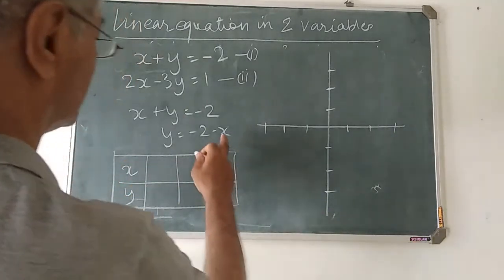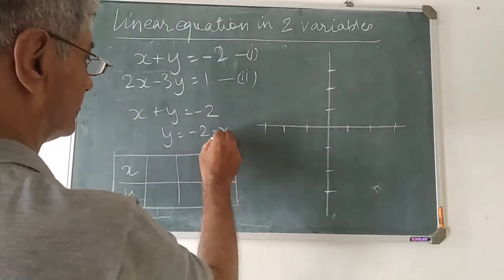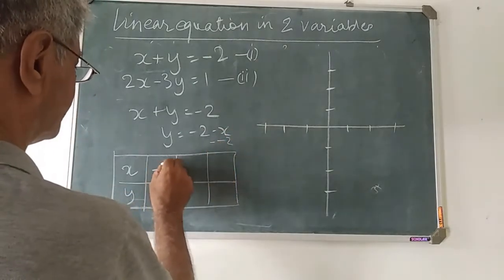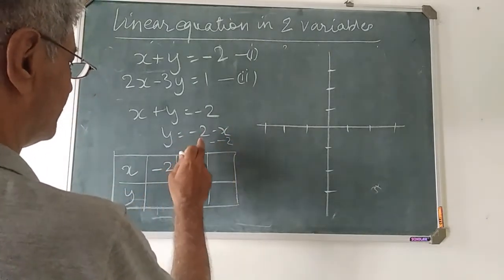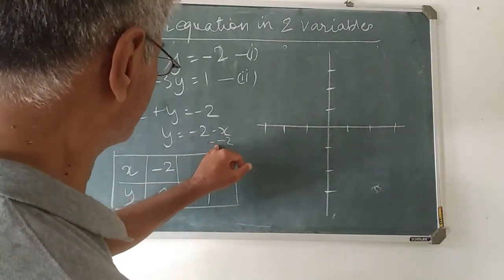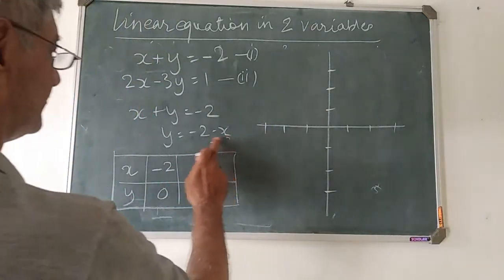If x is equal to, let us say, minus 2, then y is minus 2 minus (minus 2), which is plus 2, so minus 2 plus 2 will be 0, isn't it?